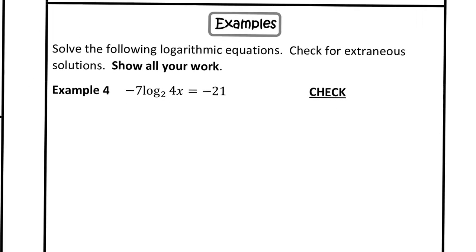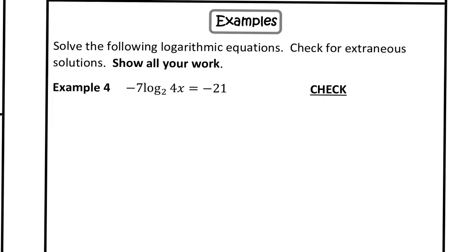So let's look at example 4. It says, solve the following logarithmic equations, check for extraneous solutions. So is the log by itself? If you notice, if I circle the log term, it's not by itself, right? It has a -7 in front.